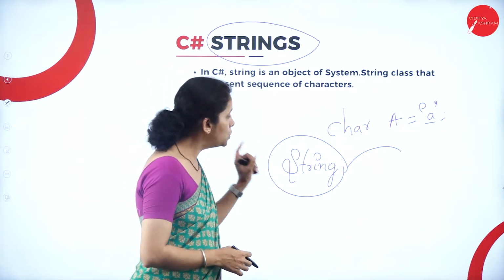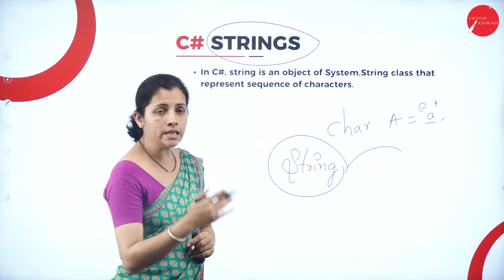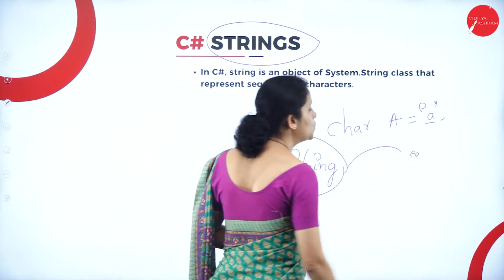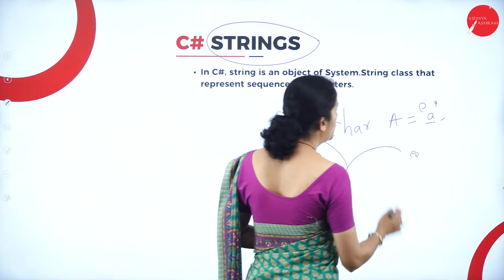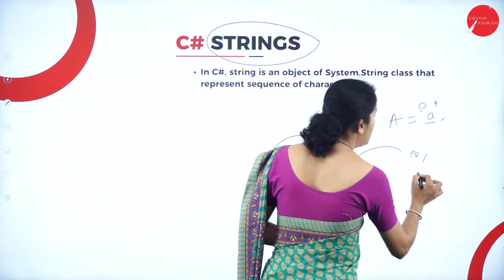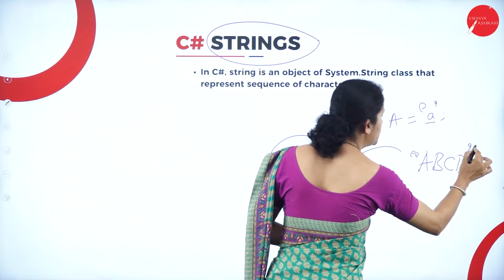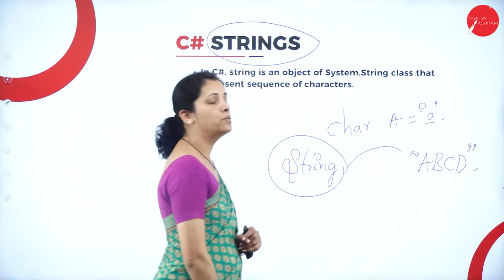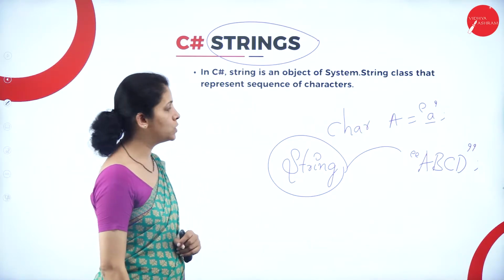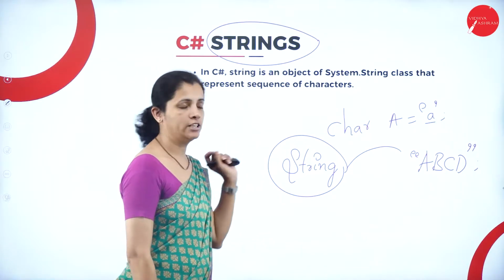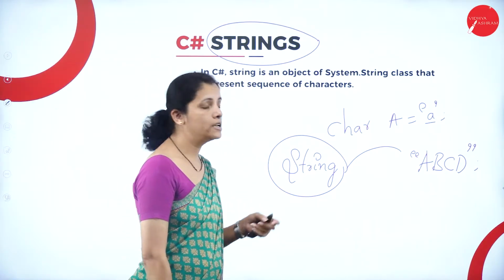Now, to represent a string, I'm going to write the group of characters within double quotes. So, to make it a string, I'm going to write that within double quotes. So, this is the way I can use character and string.